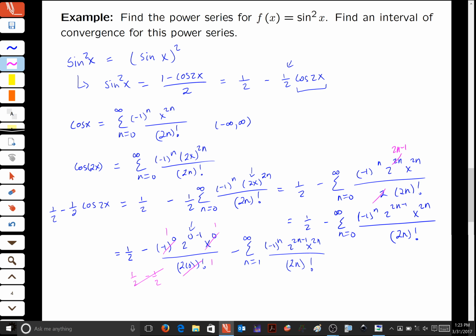That's going to go to 0. So you're actually just left with minus a sum n equals 1 to infinity, minus 1 to the n, 2 to the 2n minus 1, x to the 2n, all over 2n factorial. You can go that far if you want. If WebAssign takes it sooner, you can stop sooner. I really don't care if you go that far.